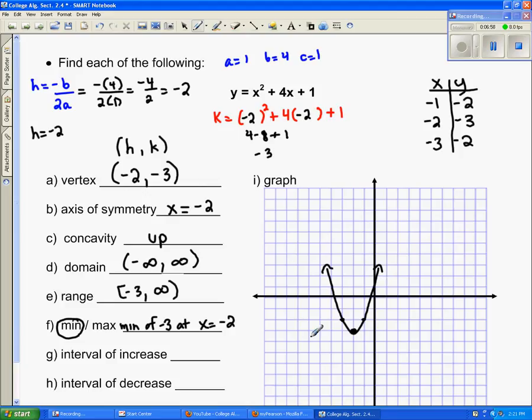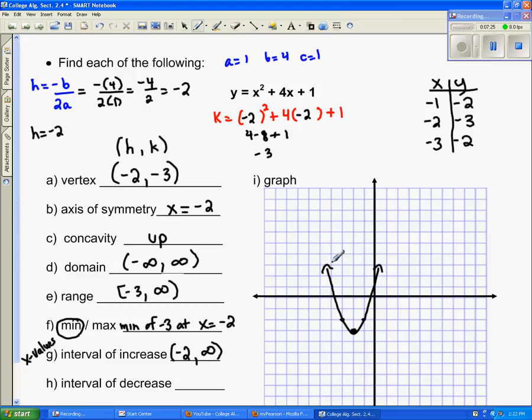So the interval of increase says where is this thing increasing? As I read left to right, it doesn't start increasing until here. So I need to describe my x value, which is going to be negative 2, and it keeps on going up till infinity. So that's going to be negative 2 to positive infinity, because remember we're talking about our x values.